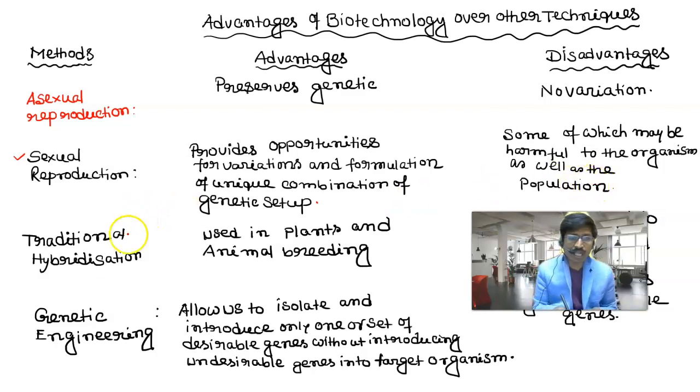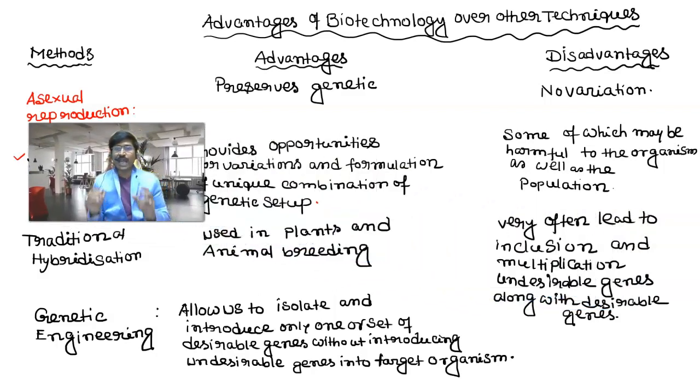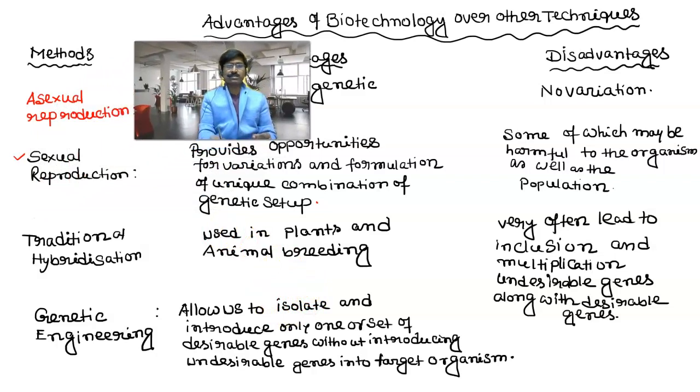What is the advantage of sexual reproduction? Sexual reproduction provides variation because there is a mix-up of genetic materials, and that leads to variation.